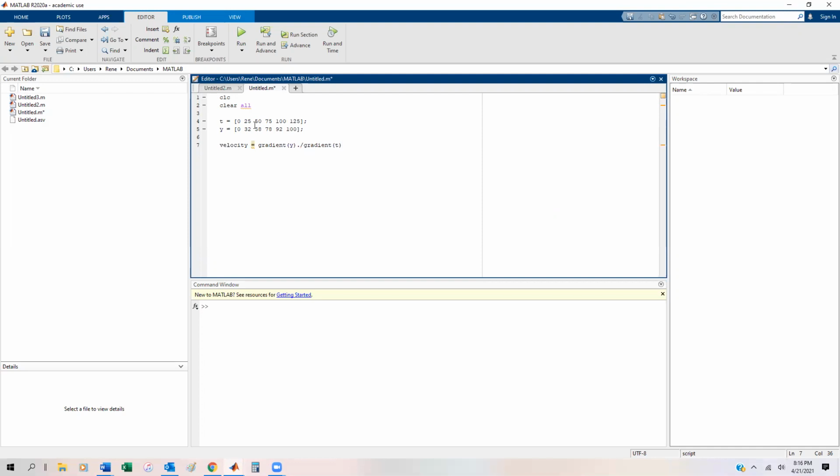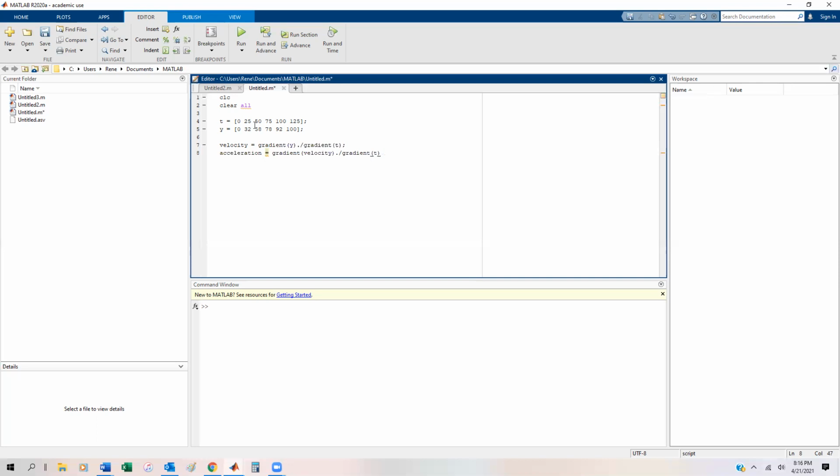Now, if I want the acceleration, that's equal to the derivative of velocity, so that's the gradient of our velocity divided by the gradient of t, so velocity versus time t.